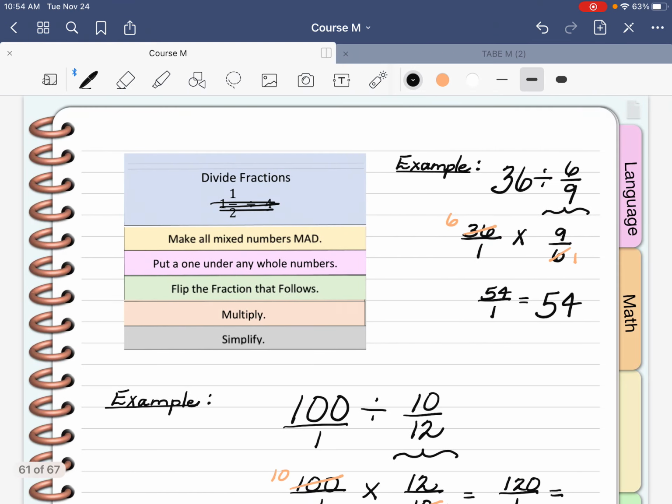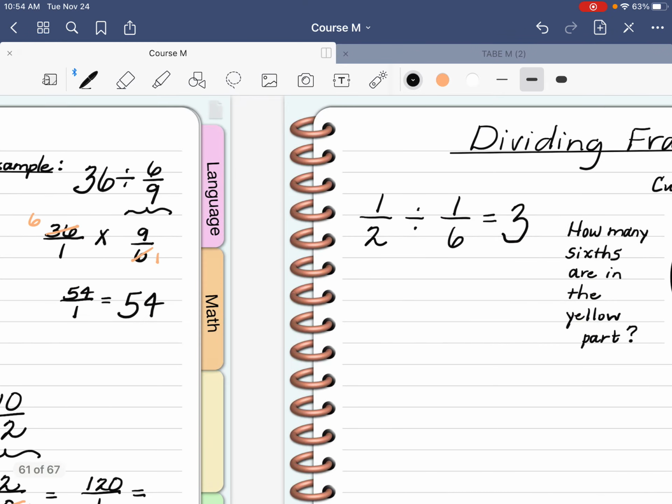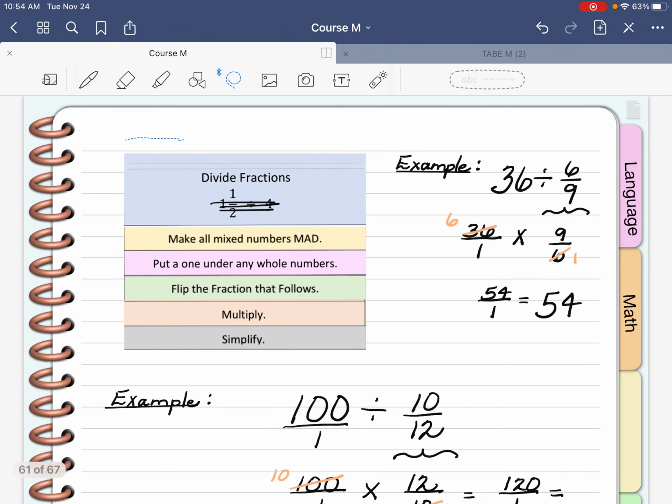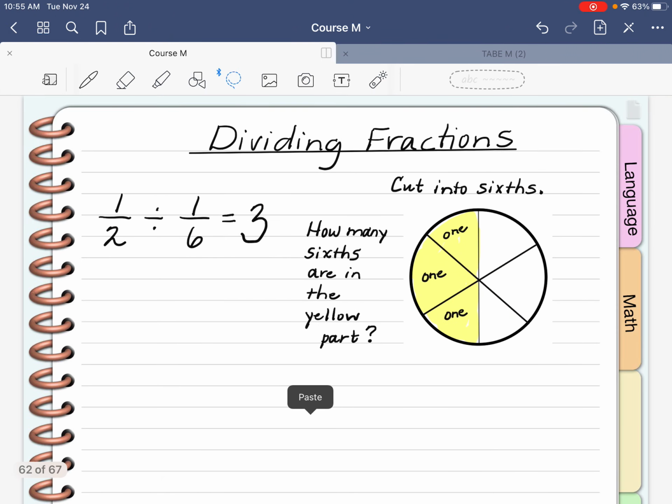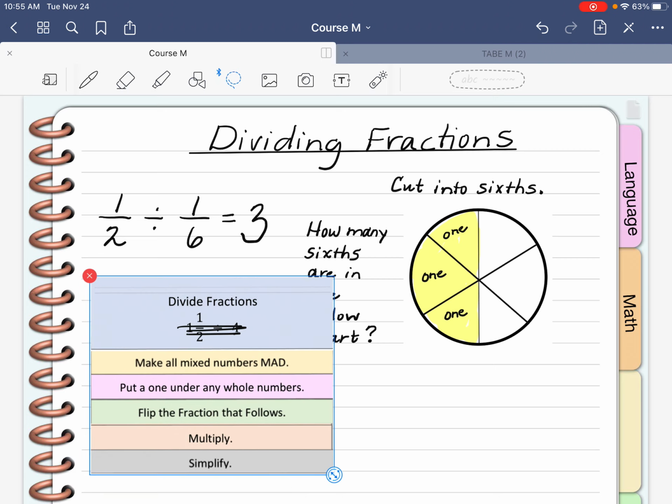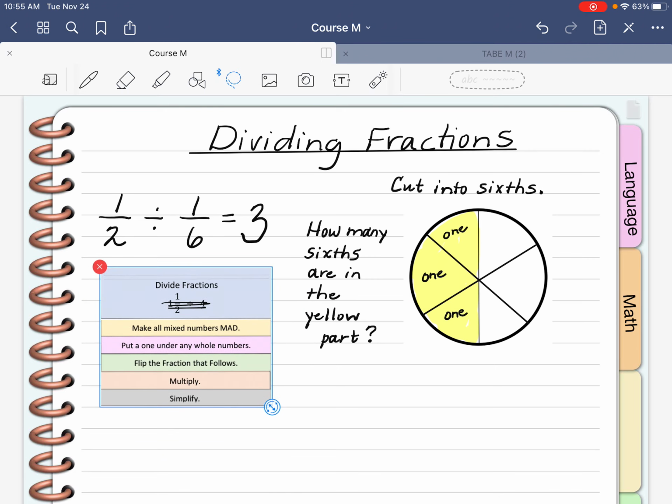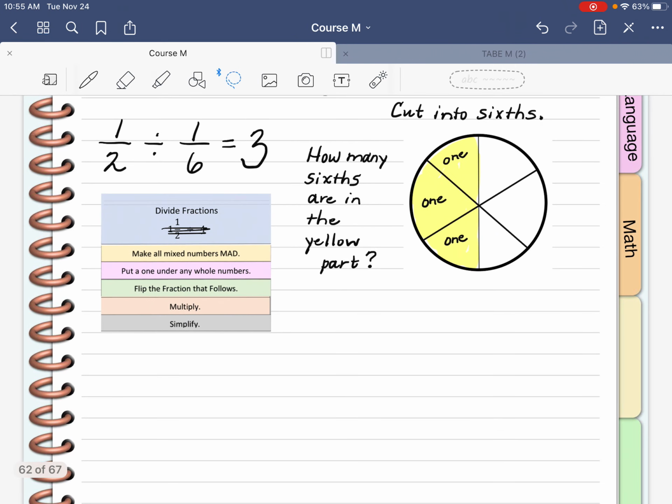And again, we are going to be following, let me get one of these. I have to go back to my last lesson and copy it. I don't want to actually cut it out of there. So let's bring this in just as a review to remind me how to do this problem. Mathematically, here's how you do it. You have 1/2 divided by 1/6. Make all mixed numbers improper.